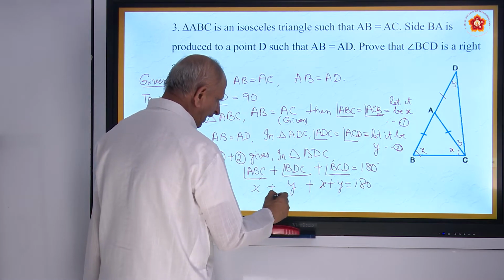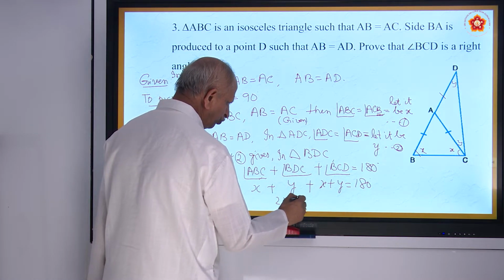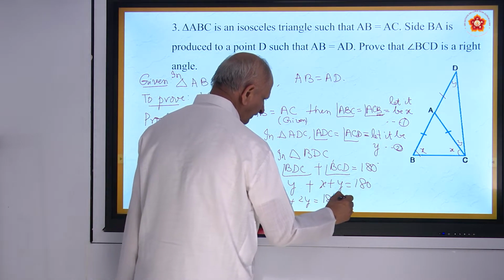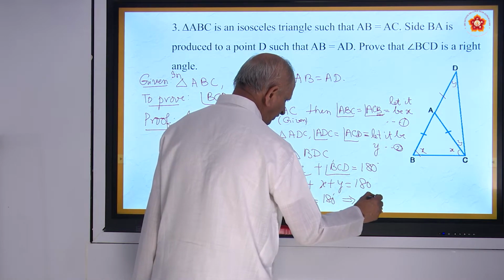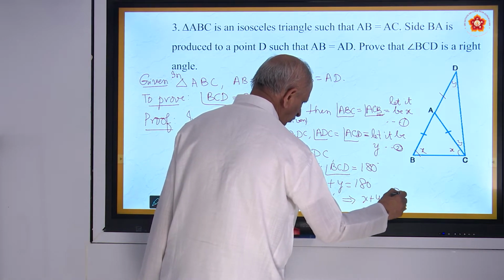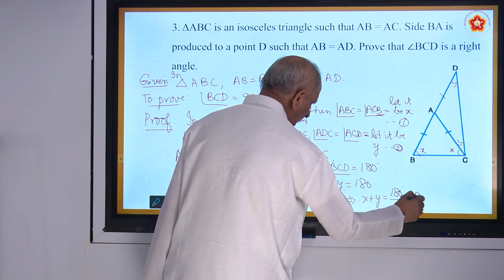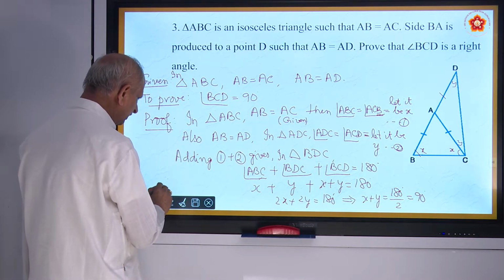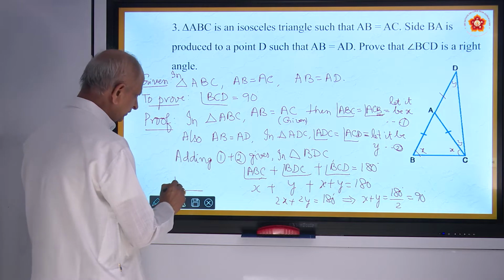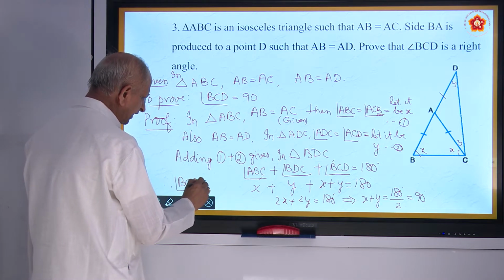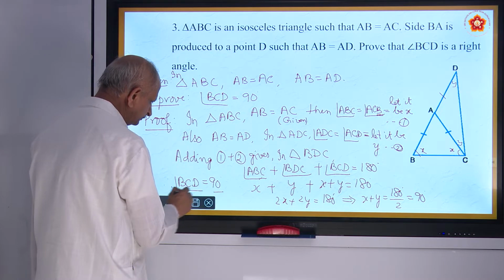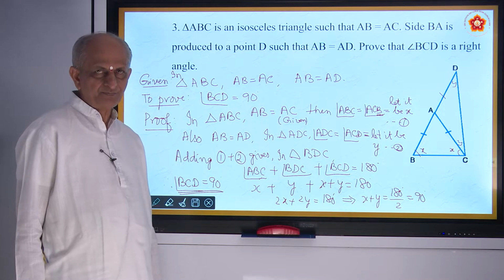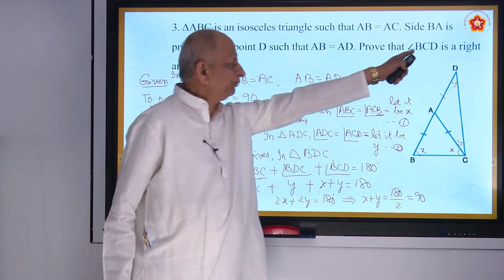So add these two, you get 2X plus 2Y is equal to 180, which means that X plus Y is equal to 180 by 2, that is 90. What is X plus Y? Angle BCD. Therefore, BCD is a right angle. Okay, noted? That is what you have to prove.